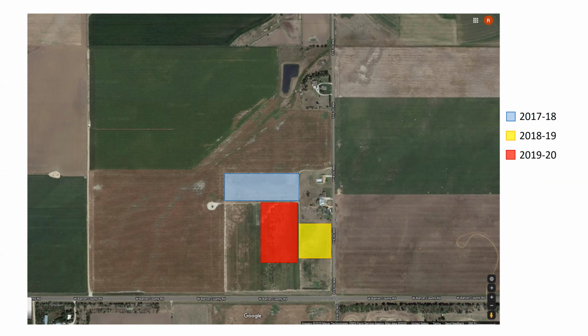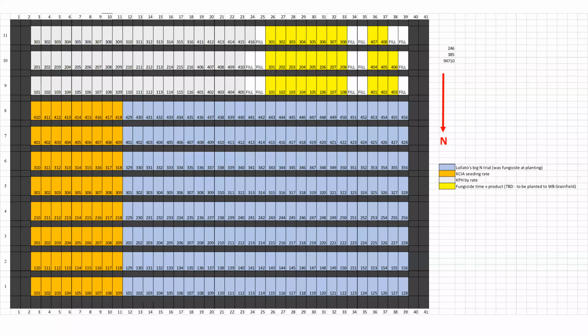Each of those colors is a different year where we had research at that field by Great Bend. This year in Great Bend, we have 4 different projects. One of them is a project where we're trying to understand whether different varieties differ in their response to nitrogen rate.